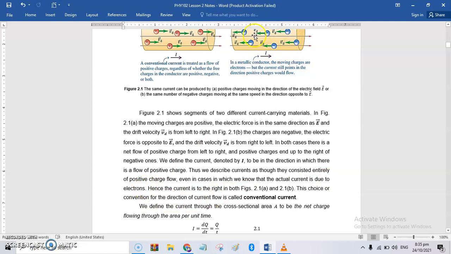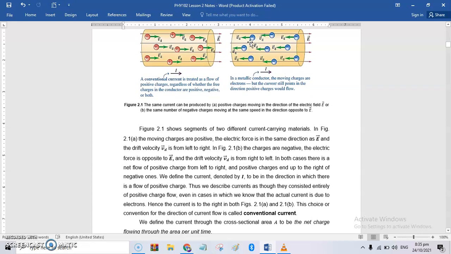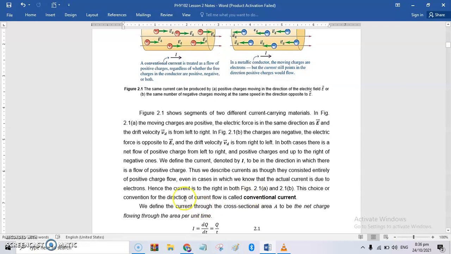Right? It is electrons that move in our element, in our copper wire. But in this practical convention, current is described as positive charge flow. Hence, the current is to the right in both figures, and this choice for the direction of current flow is called conventional current.